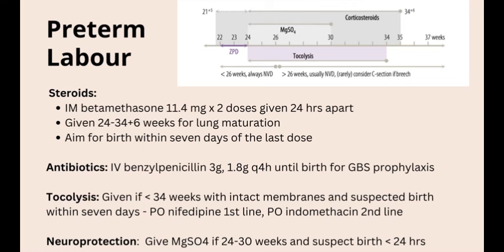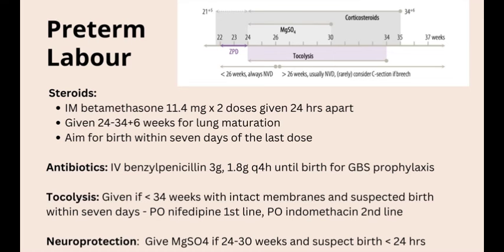In Monash prompt for patients who are group B strep positive, IV penicillin is given at a dose of 3 grams initially, followed by 1.8 grams every 4 hours after birth.